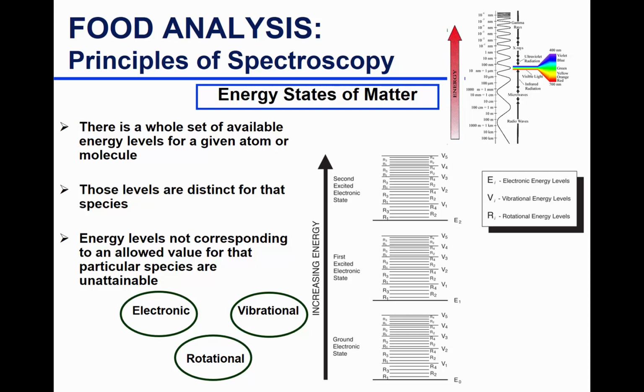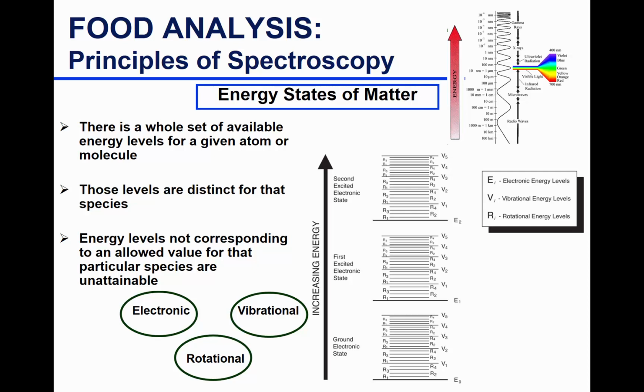So this is, for example, an illustration of E0, that means the ground state. And when that atom or molecule gets hit, it might go to a higher level of energy or even another higher level. So it can go from 0 to 1 to 2, only if the photon carries energy within its allowable potential energy.